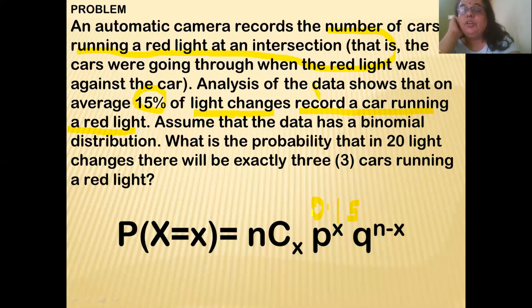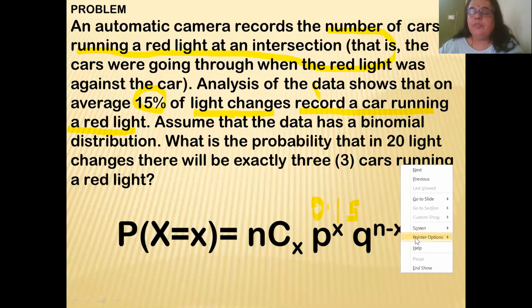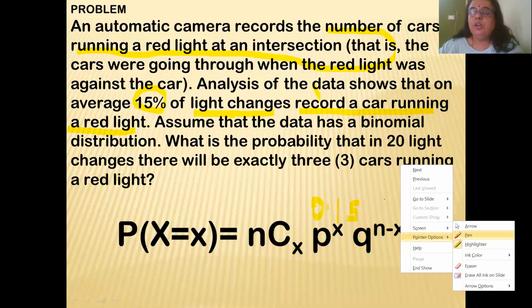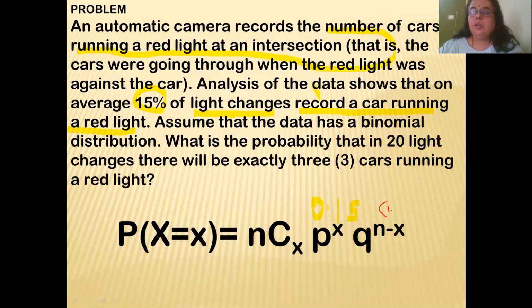Q is equal to 1 minus 0.15, that is the probability of failure. A car can either run through the red light, the chance is 0.15, or the car need not run the red light, that is 1 minus 0.15, equivalent to 0.85.